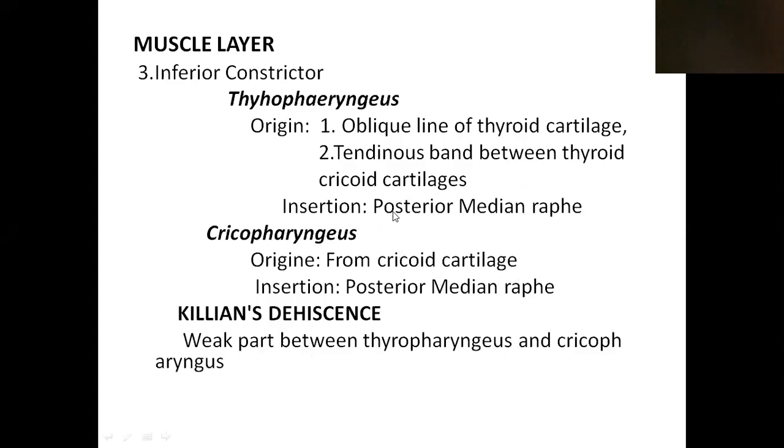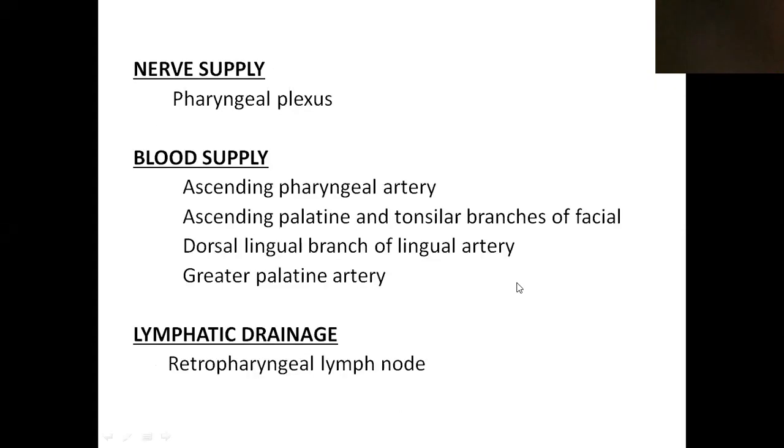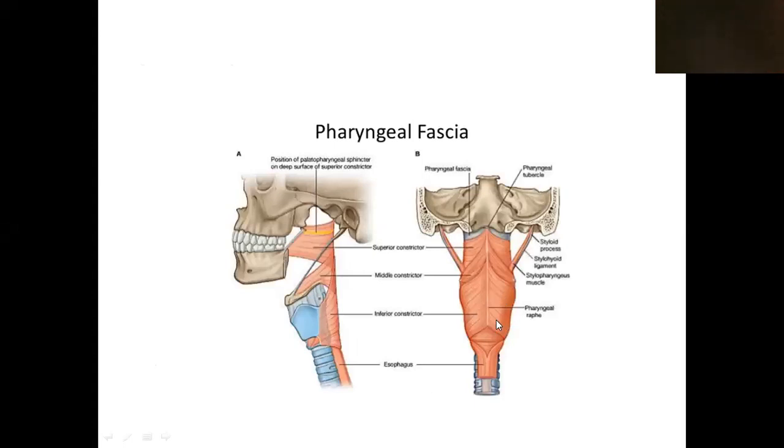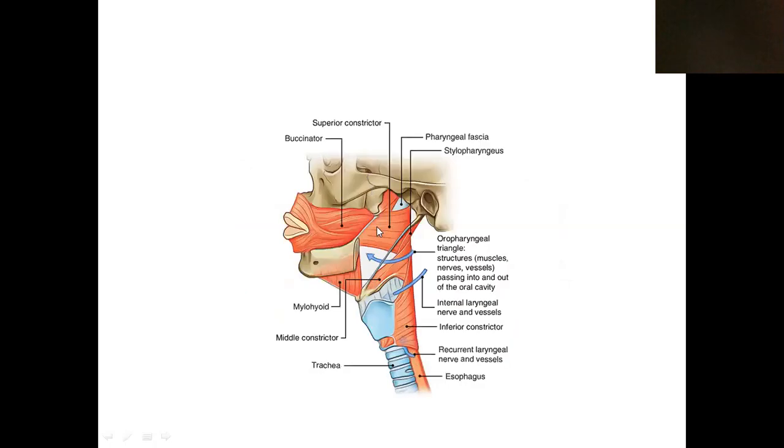All these fibers are inserted to the posterior median raphe. So the insertion is common; the origin we have to study. These are the three constrictor muscles: superior constrictor, middle constrictor, and inferior constrictor with the two parts, thyropharyngeus and cricopharyngeus.